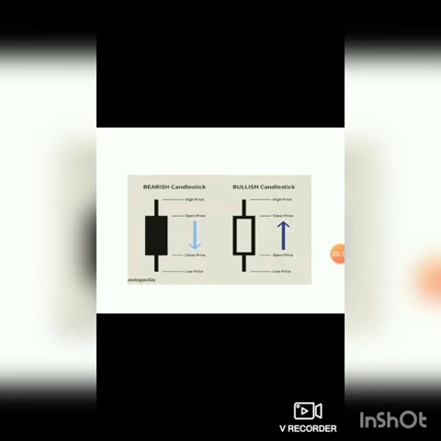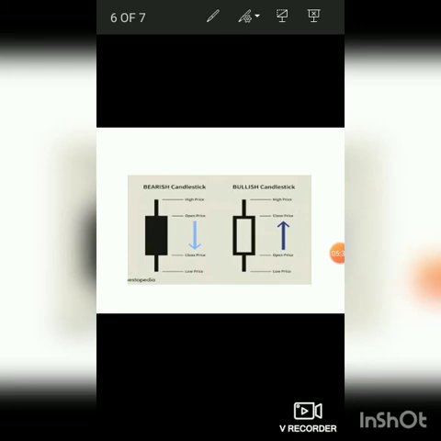The next one, the white one, is the bullish candlestick, and here the closing price is more than the opening price. Here the closing price is higher than the opening price, which indicates that this stock or share has demand.